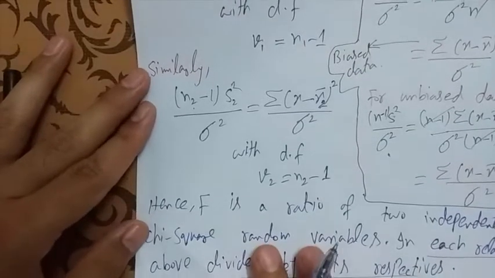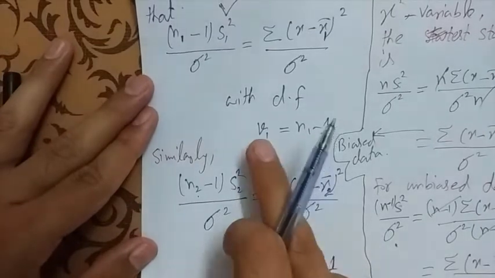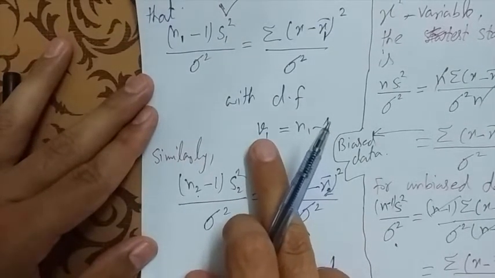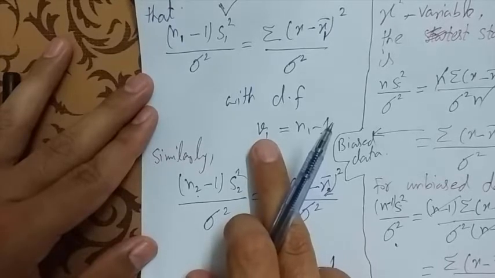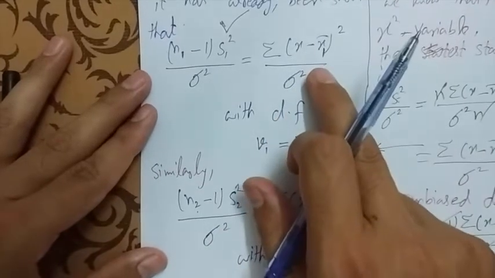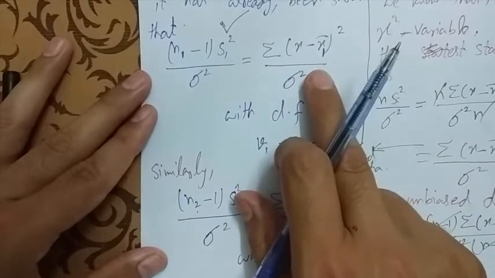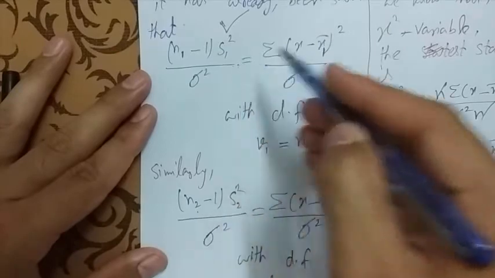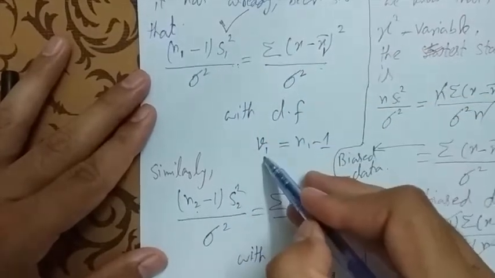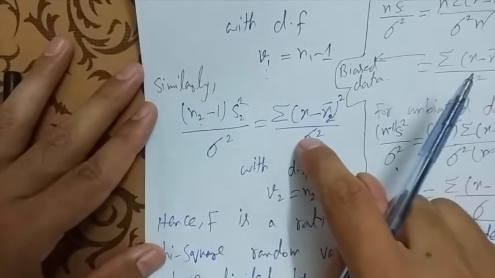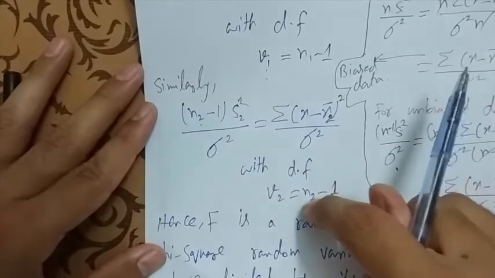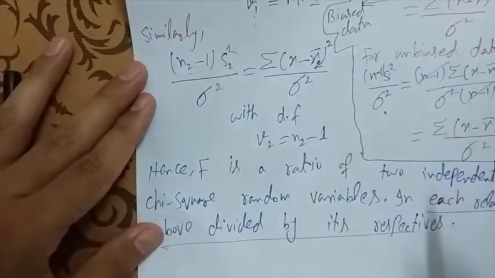that the degree of freedom for each sample comes in the denominator, and these relations are in the numerator. This relation is in the numerator and its respective degree of freedom is in the denominator. Similarly, this relation is in the numerator and its respective degree of freedom is in the denominator.